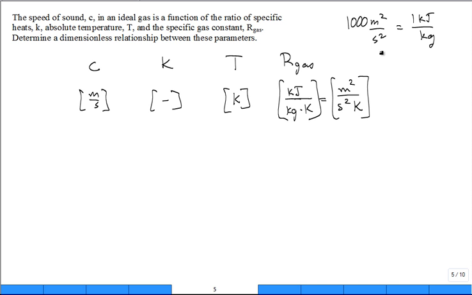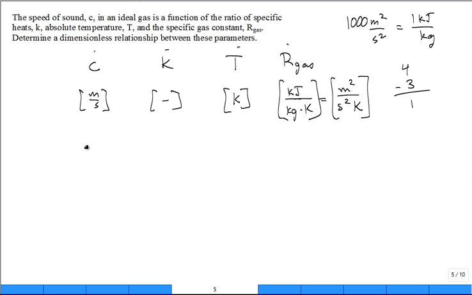All right, I'm going to pause and see how far you get. All right, so we determined that there's 1, 2, 3, 4 parameters, but there's 3 primary dimensions, hence there's 1 pi group. And you can build it around almost any of them, they all are going to contribute. But what did you find?